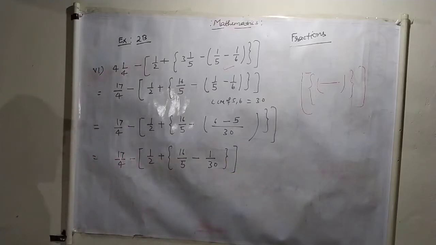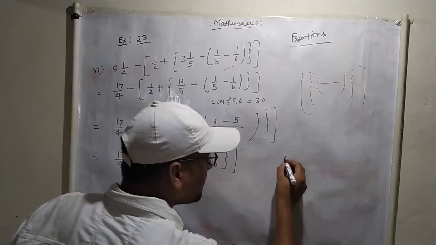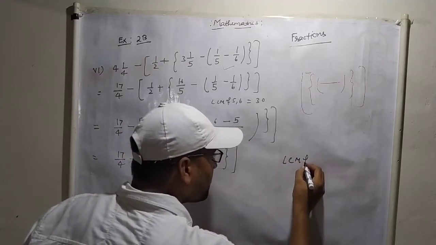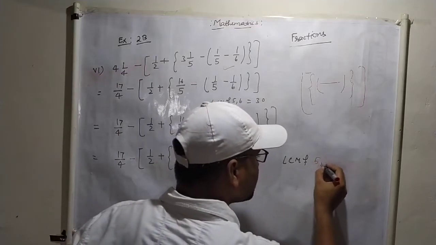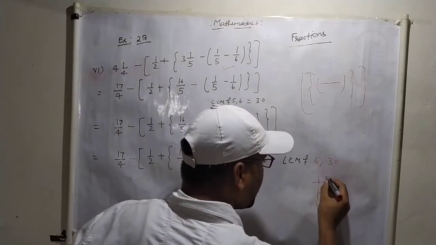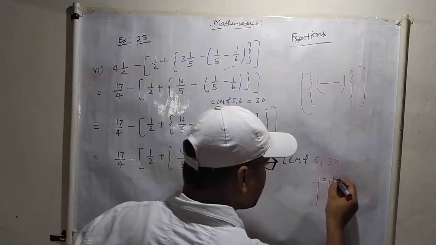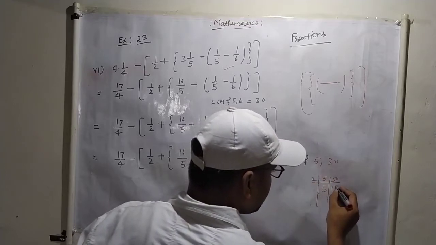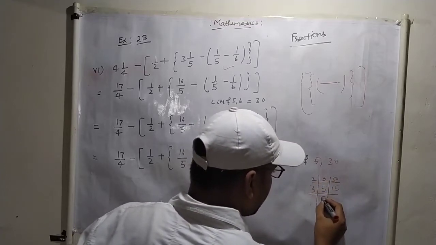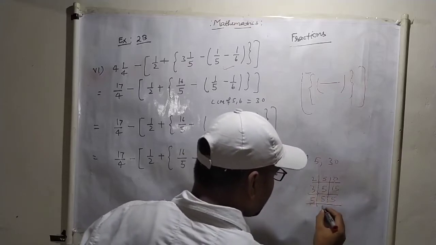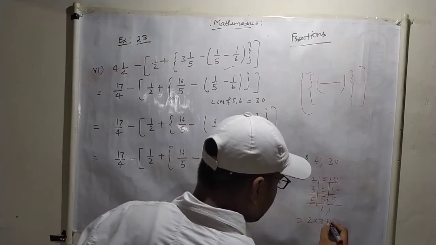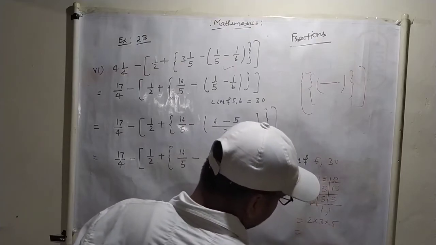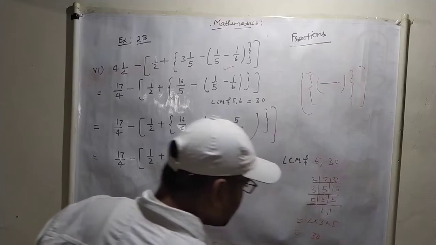So the small bracket has finished. Then the curly bracket. In this curly bracket, taking the LCM of 5 and 30, very easy. If you are finding the LCM of 5 and 30, divide by 2: 5, 15; by 3: 5, 5; and then by 5: 1 and 1. So the LCM is 3 2s are 6, 6 5s are 30. So the LCM is 30.